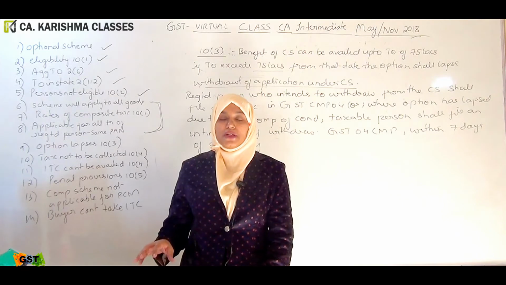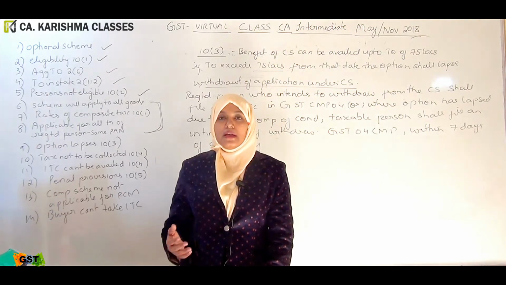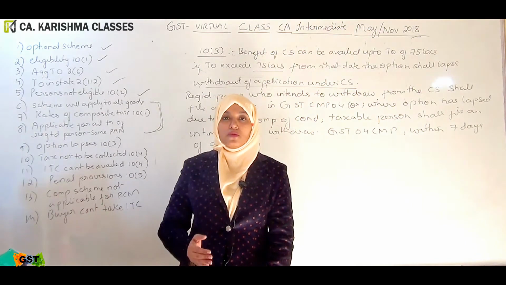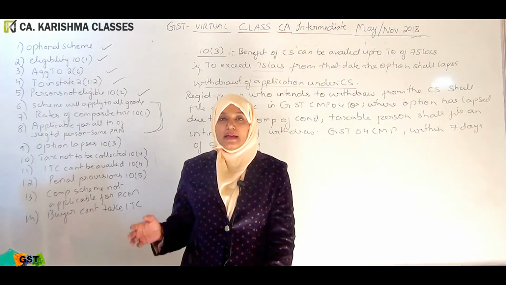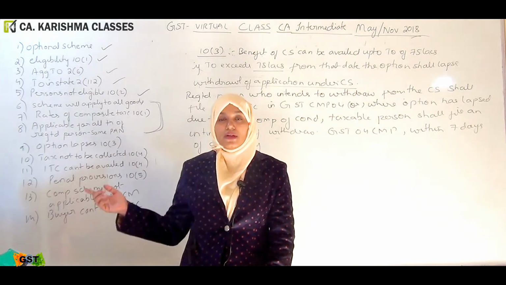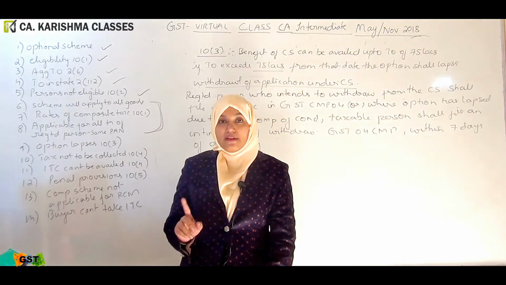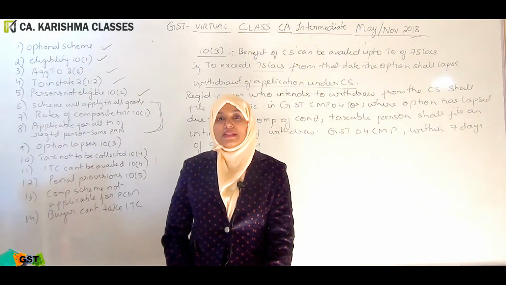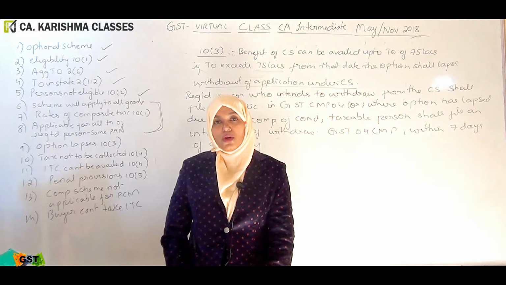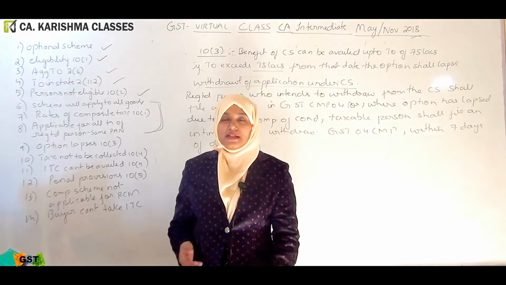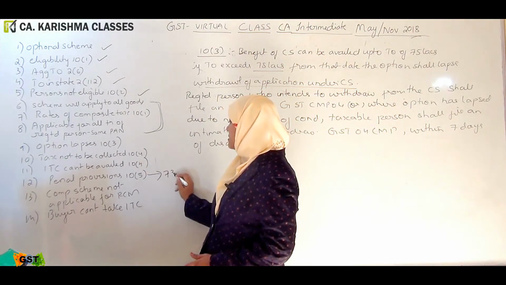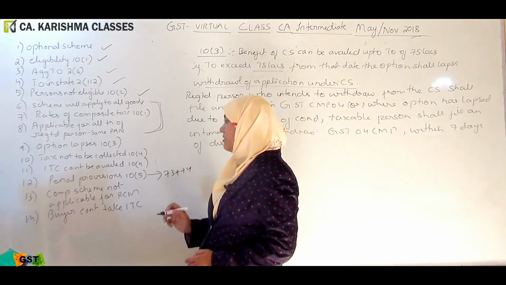He has pretended to be eligible. We gave him the composition scheme, but later the department came to know about his ineligibility. In that case, we will take regular tax from him. We will not leave him there. Along with the regular tax, we will also take penalty, which is as per section 73 and 74. This is in the penalties chapter. So we will take penalty from him as per section 73 and 74.